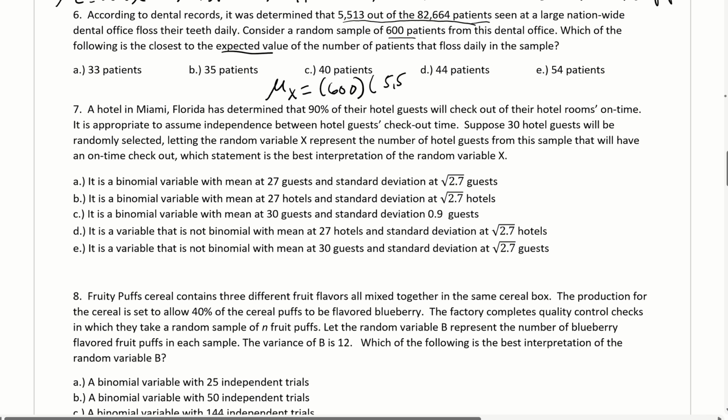So 5513 out of 82,664. All right, and then we'll calculate that. Let's see. All right, so you get about 40 patients. All right, so the answer is C.